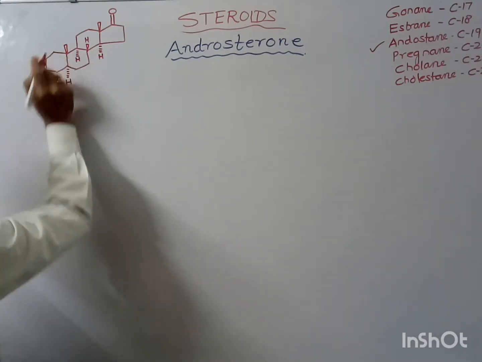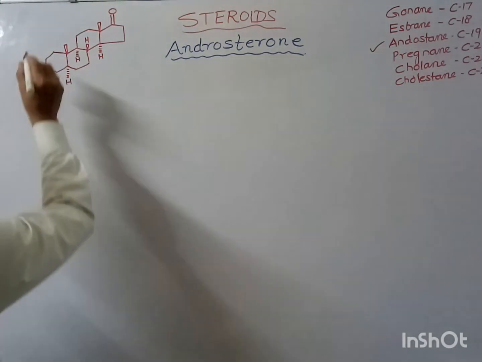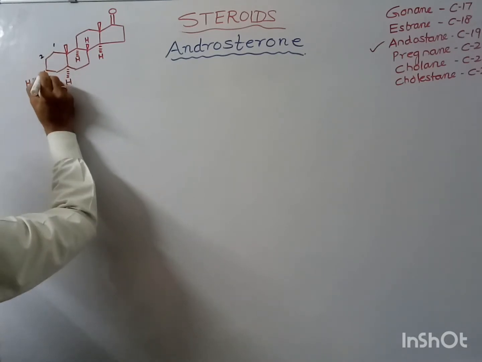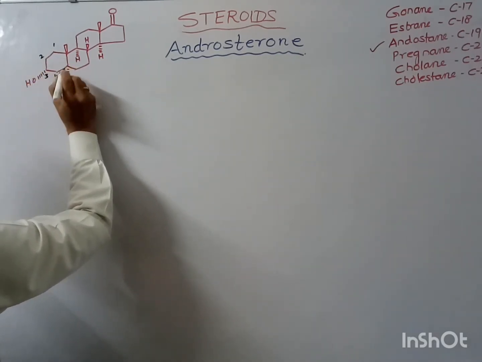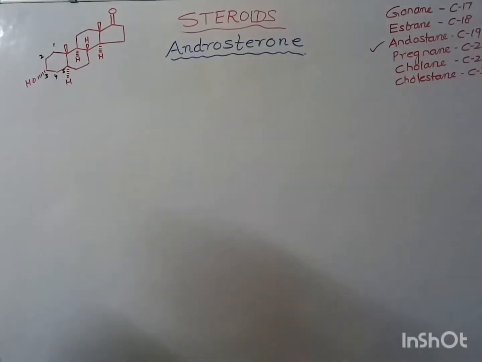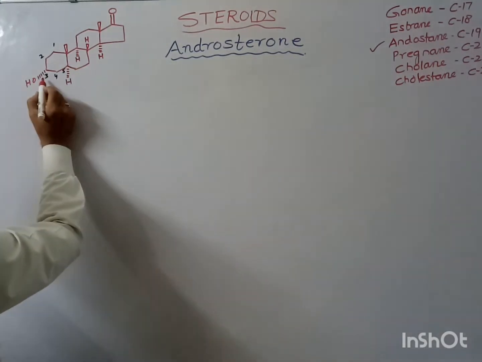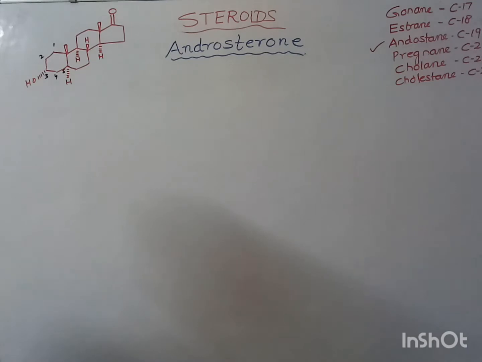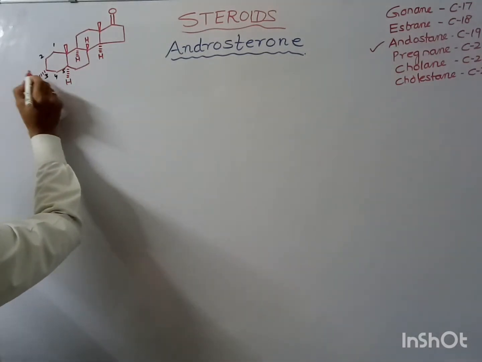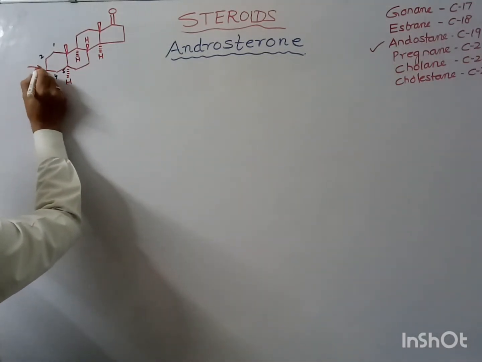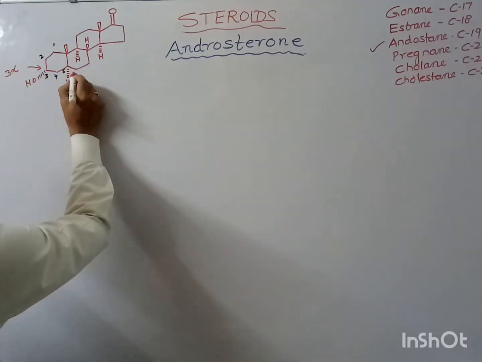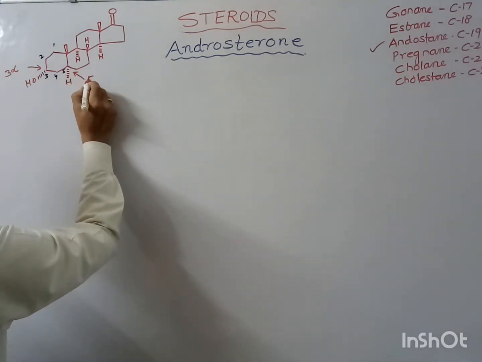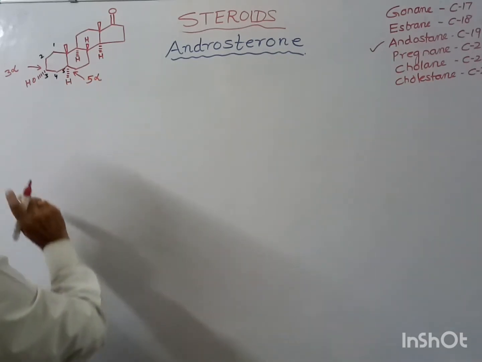Now this is the first, second, third, fourth, and fifth position. Here this third position is the alpha position, so we can write it as 3 alpha, and this is 5 alpha. This is 3 alpha and 5 alpha.